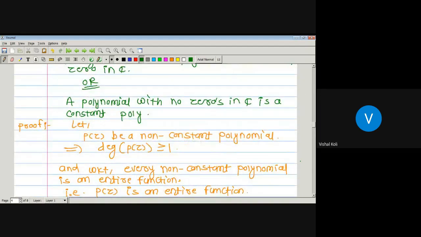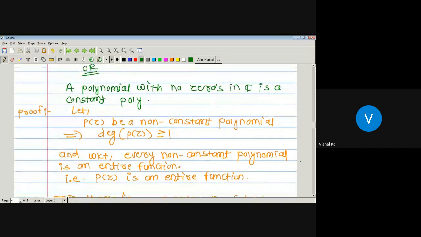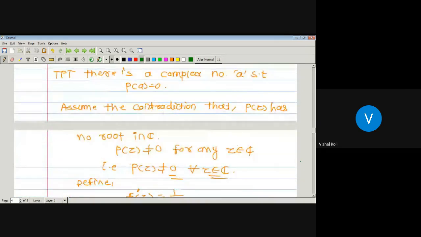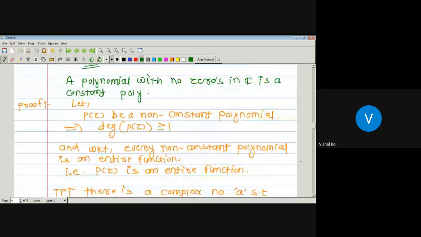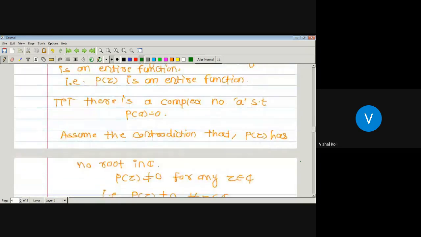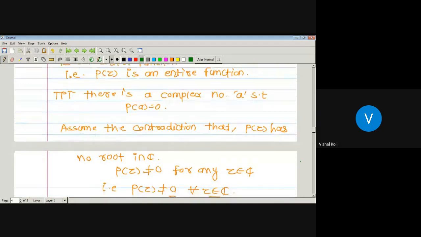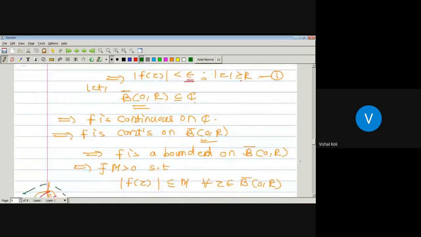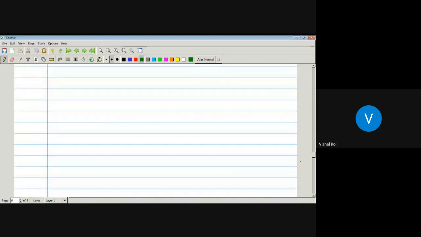Here we get p of z as a constant function, but we were given p of z to be a non-constant polynomial. This is wrong, and this contradiction arises due to our wrong assumption, that there is no root for the given polynomial p of z in the complex number system.